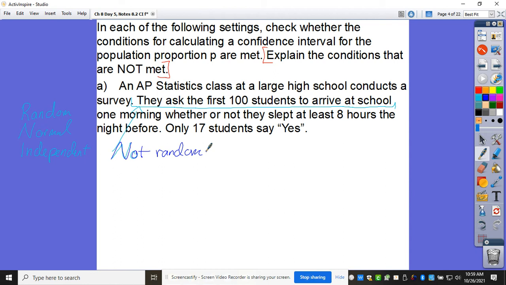Normal, what would I check here? So, there are 100. That's my n. What do I do with that? So what's p hat? 17. So, thinking through this, that's just 17.